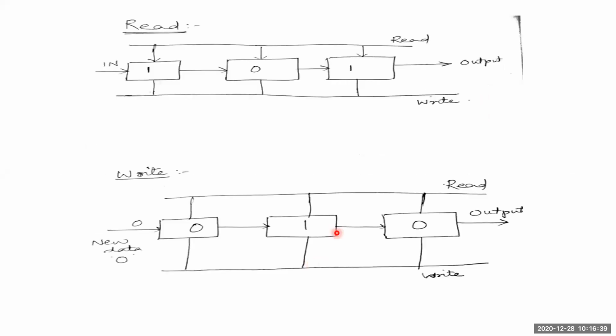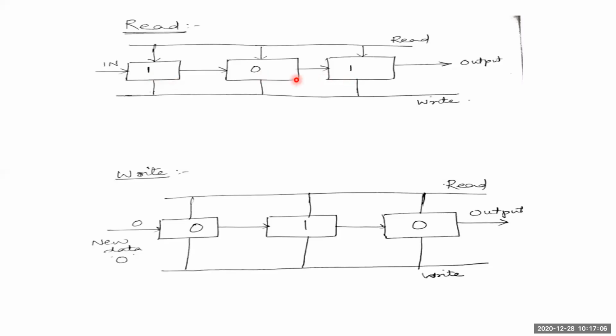Now, this is one example I have given of how the read and write operations take place in this SAM. Let us see first, in the SAM, if I want to read only one particular data. If this is the structure of a SAM, I have 3 cells here: cell 1, cell 2, and cell 3. You can see the connections.